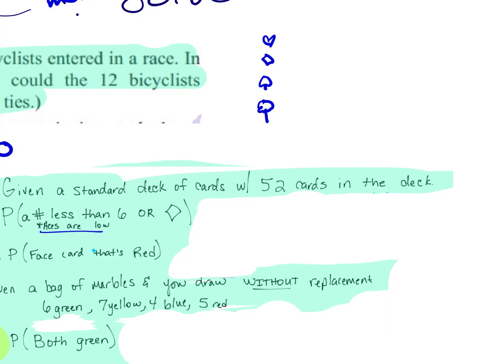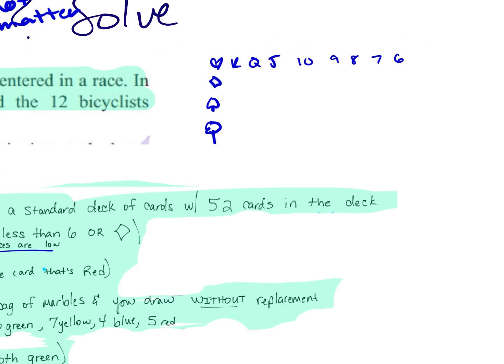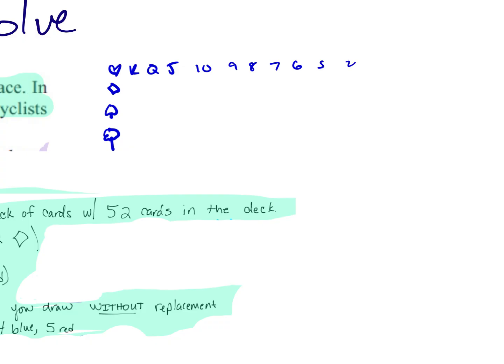And then each one has a king, queen, jack, then 10, 9, 8, 7, 6, 5, 4, 3, 2, 1. 1 being the ace. And it says aces are low, so that's how we know that ace is going to go below the 2.